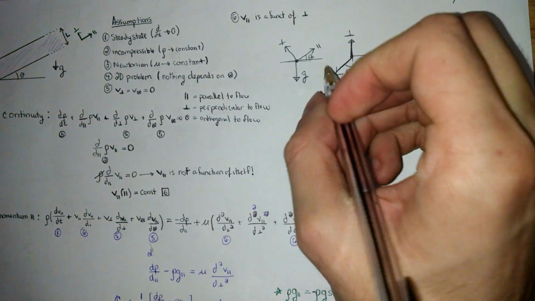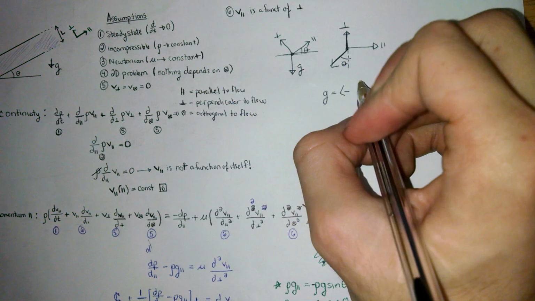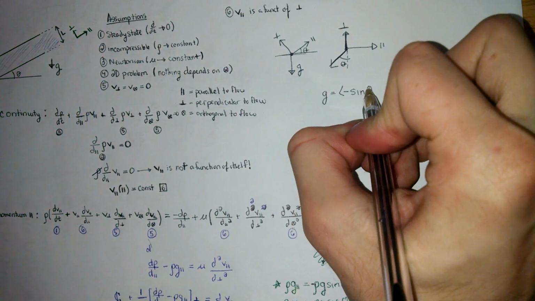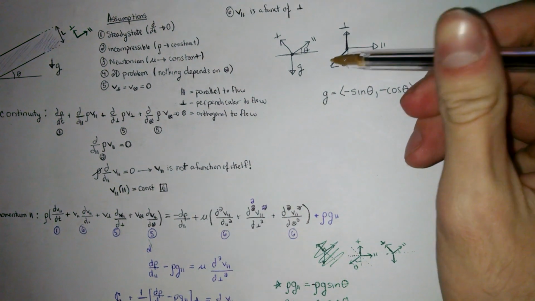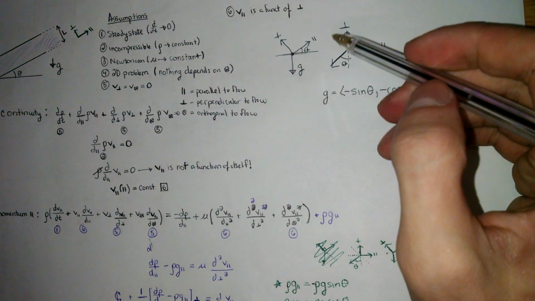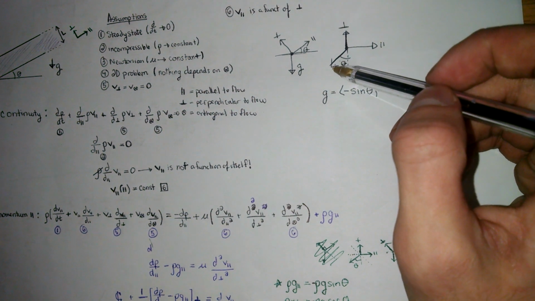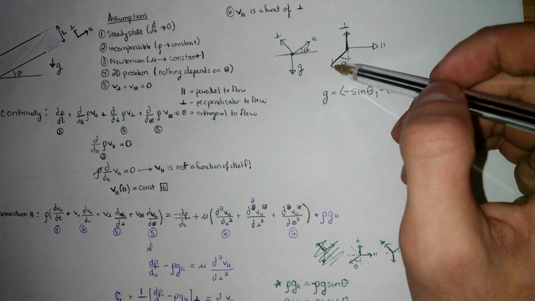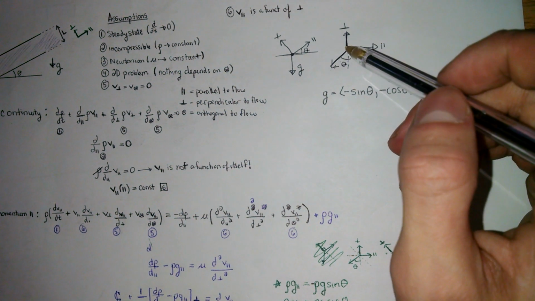So our gravity vector is going to look like negative sine theta this way, and negative cos theta this way, because remember it points leftward and downward, and we're looking at the trigonometry as it appears here. Okay, so we have most of the things we need.